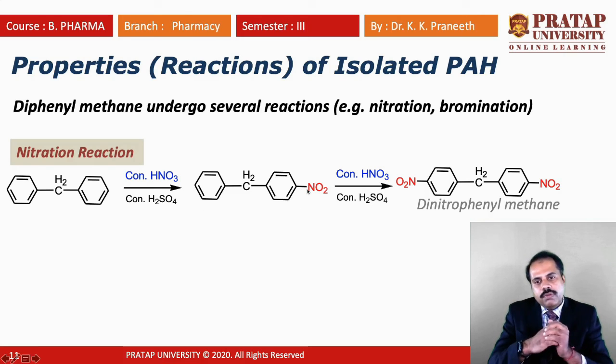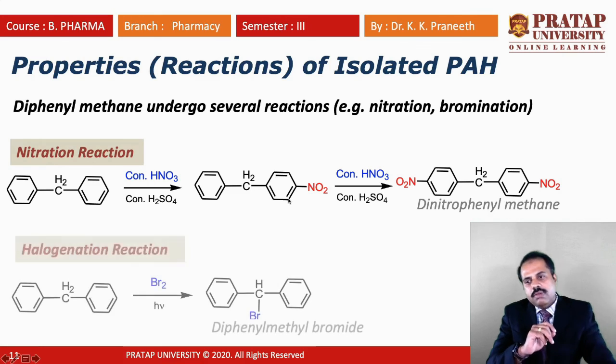If we further add more nitric acid, you will get dinitro diphenyl methane as shown here in the structure. So, two nitro groups are attached, one here and one here. So, this is the reaction of diphenyl methane with nitric acid and sulfuric acid, that is called the nitration reaction.